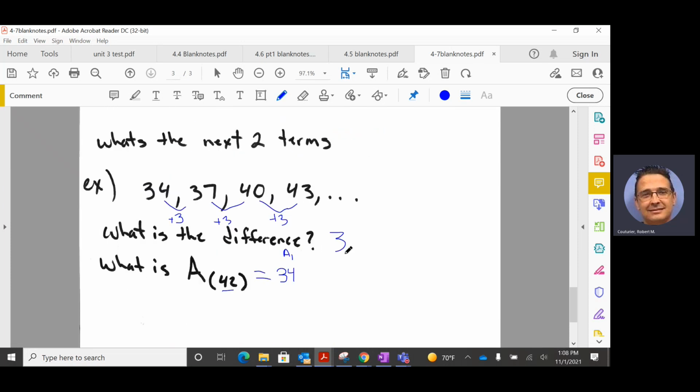So the first term, a sub 1, plus n minus 1 times d, the common difference. So plus, we have 42 as n, minus 1, and the common difference was 3.